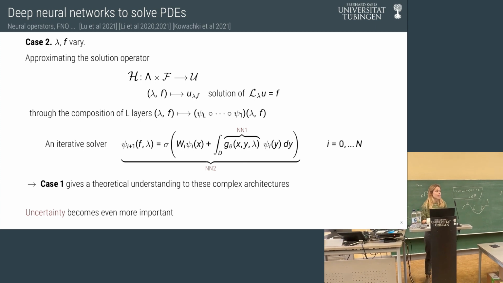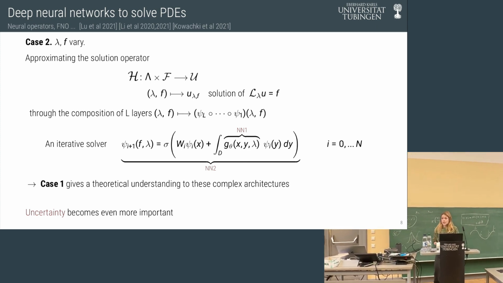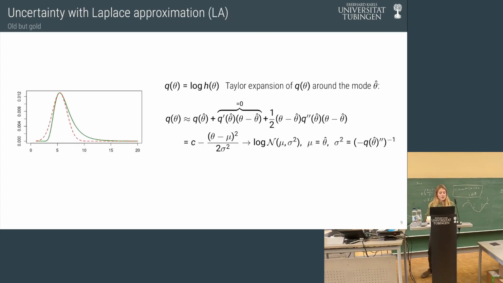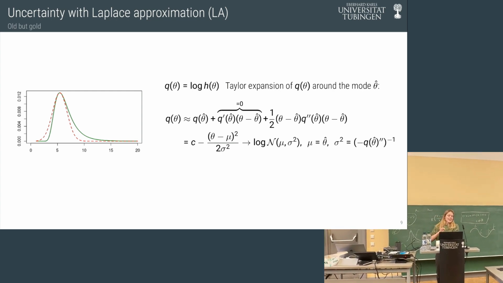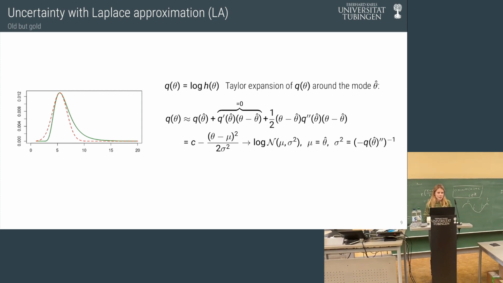So even in this case, we wanted to equip these methods with uncertainty quantification. And how do we do that? Philipp already talked about this on Monday if you were at the talk, but I can recap. The idea is to use the Laplace approximation on deep neural networks.